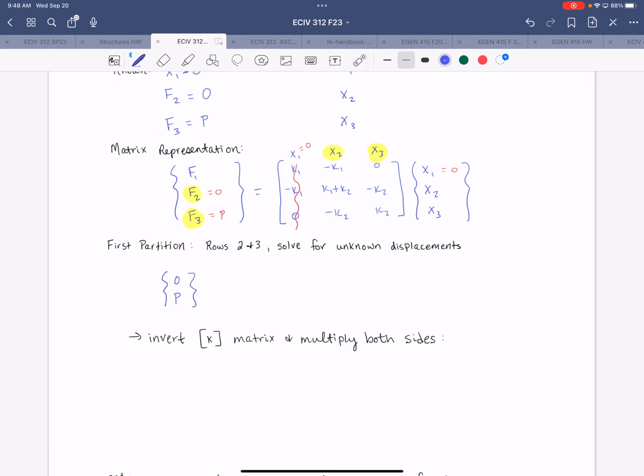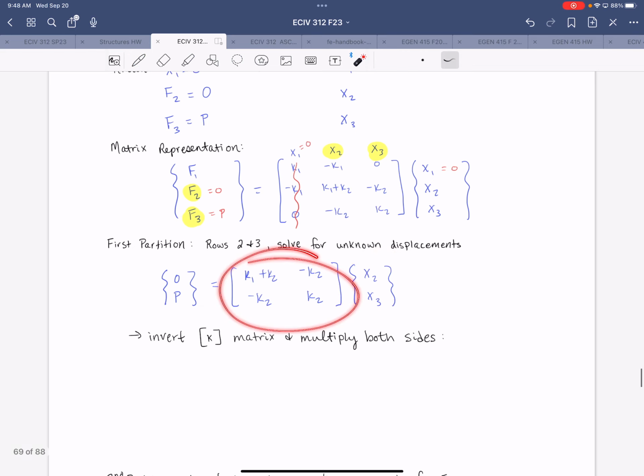0 and P are equal to K1 plus K2, negative K2 in the first column, and then in the second column, negative K2 and positive K2. That gets multiplied by x2 and x3, which are what we're trying to solve for.